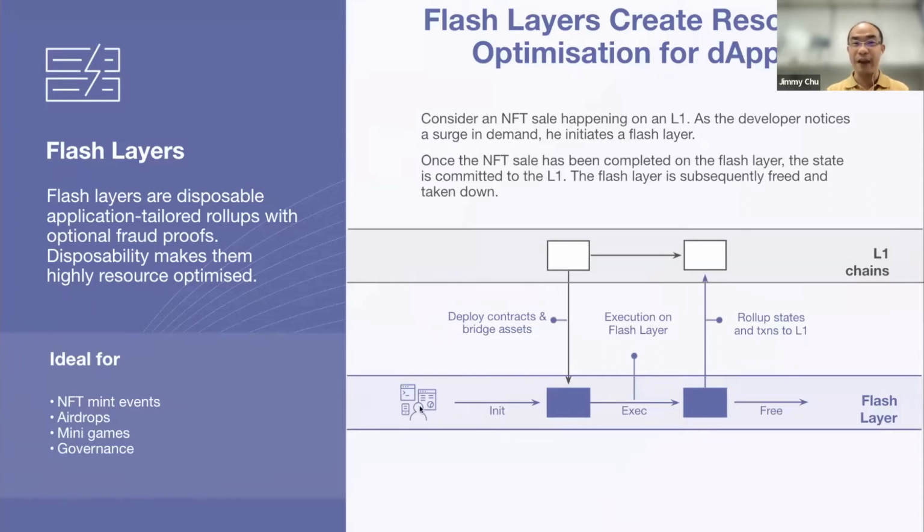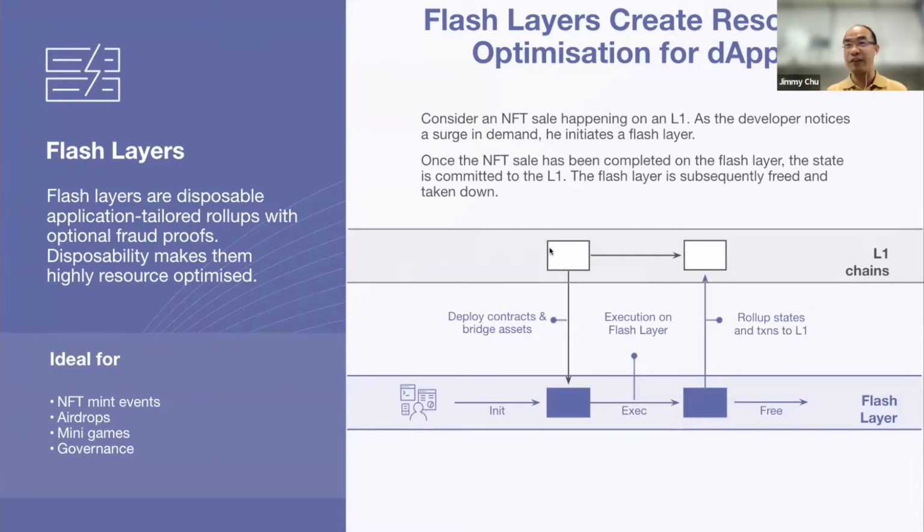So at the beginning, a project owner would see that he foresees he will be doing some kind of NFT mint event or some kind of event where he foresees the traffic will spike up, so that he's originally on L1, right?